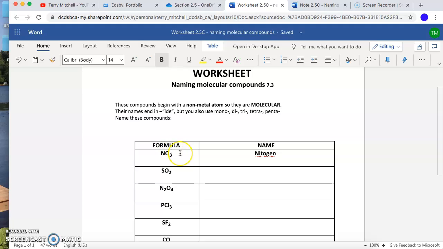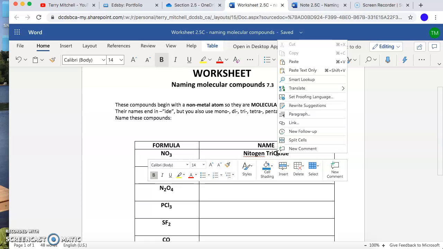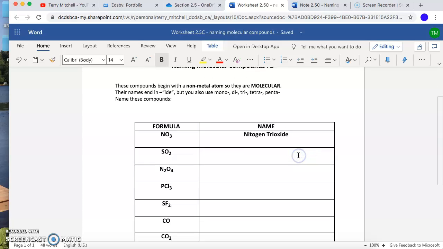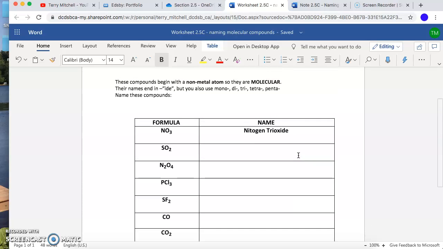So we have 3 oxygens here, so it would be tri for 3, and oxygen changes to oxide. And there should not be a capital O there. It should be trioxide. So give this worksheet a try.